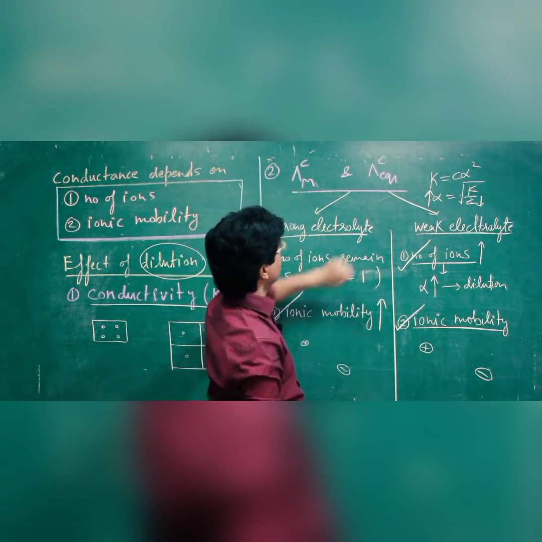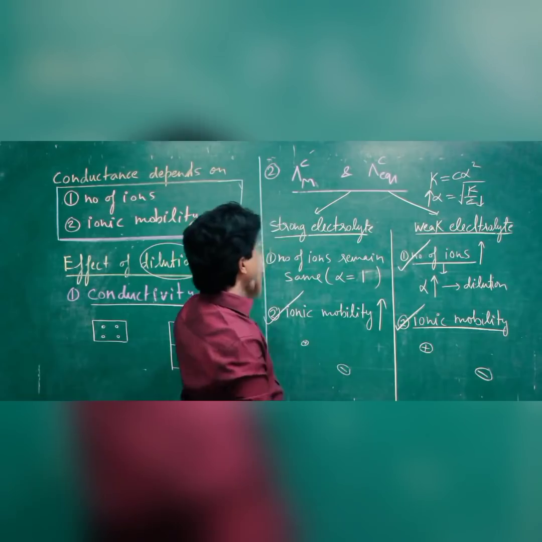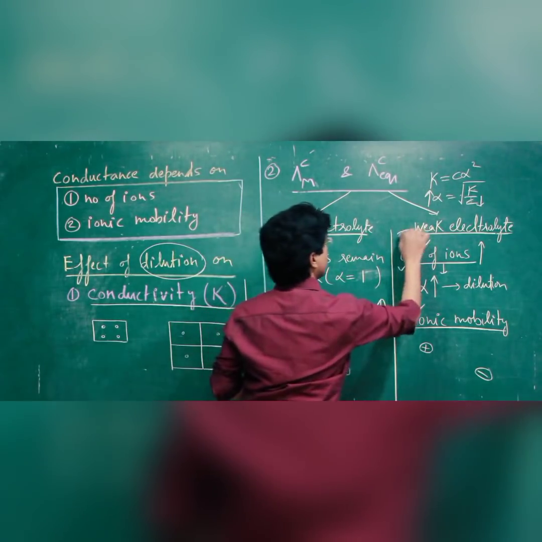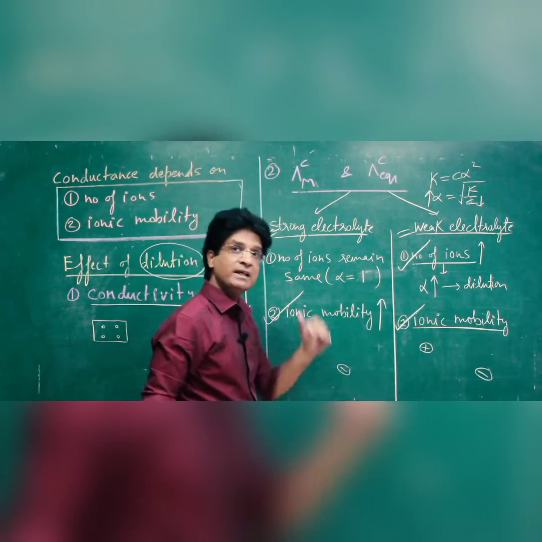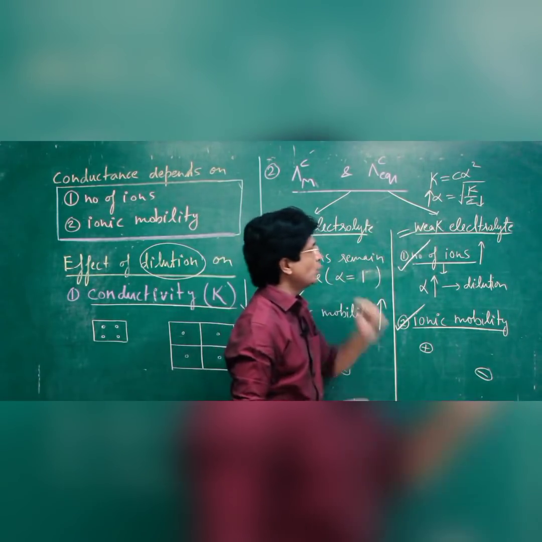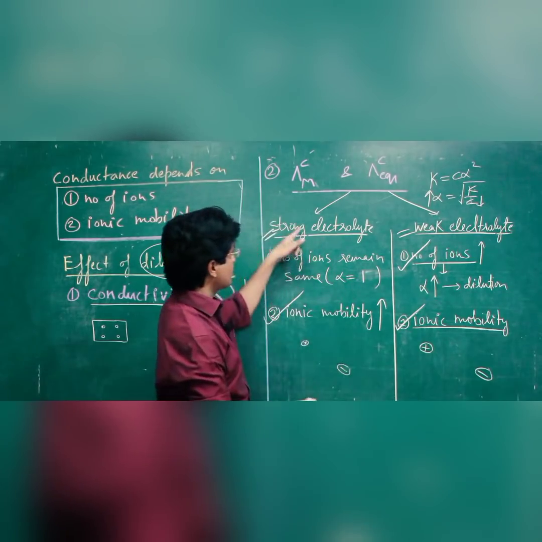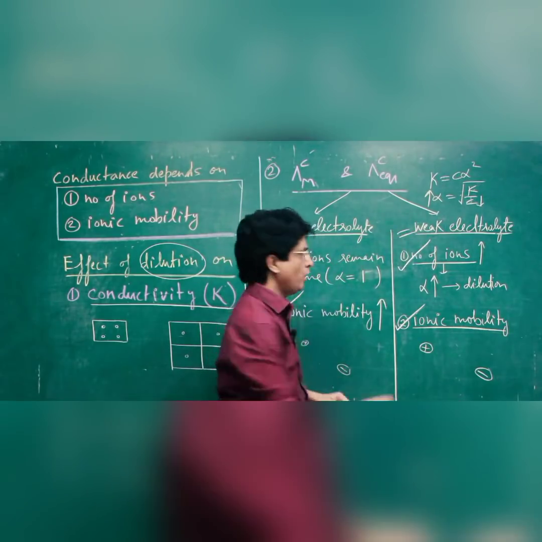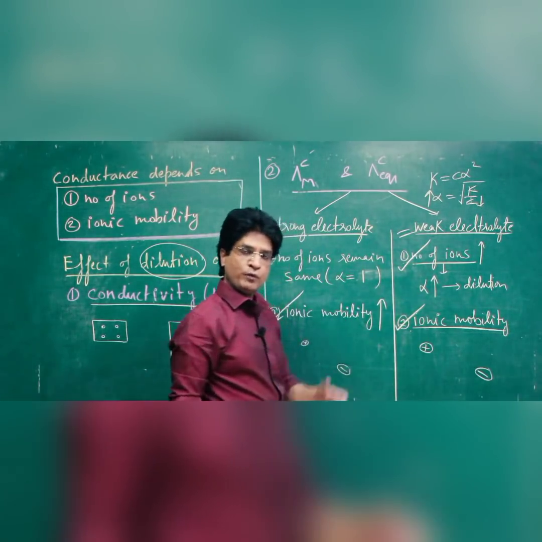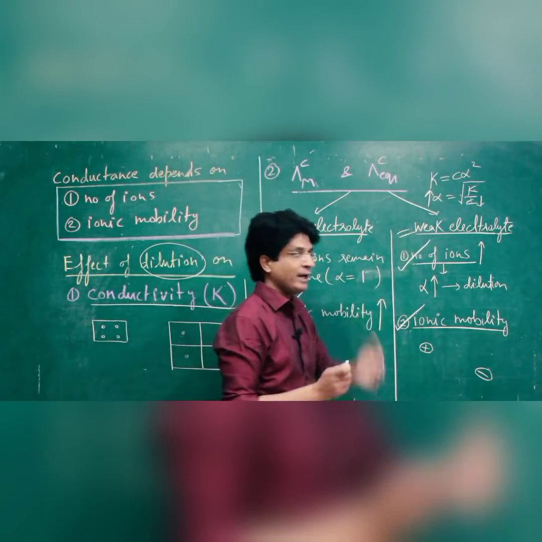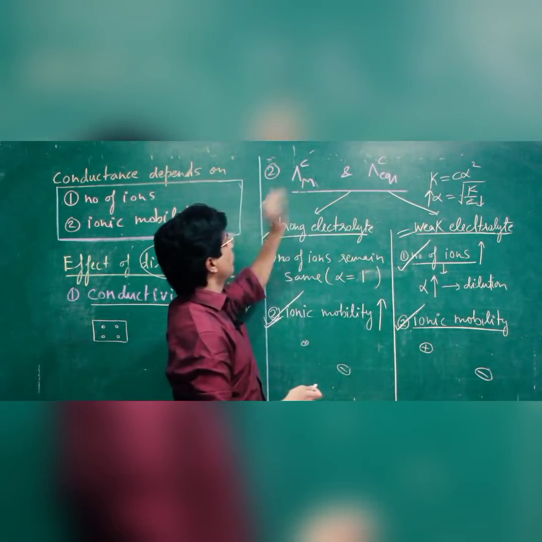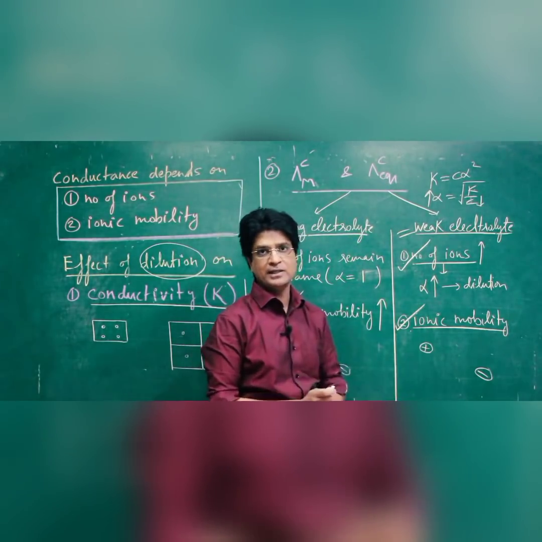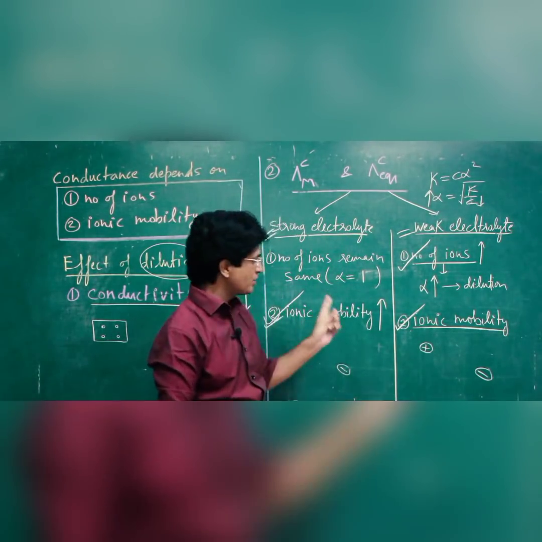So molar conductance and equivalent conductance will increase both in the case of strong as well as weak electrolyte, but the relative increase will be more for weak electrolyte. Why? Because in a strong electrolyte only one factor is favorable, while in the case of weak electrolyte both factors are favorable. So for a given dilution, weak electrolytes will show more increase in molar conductance or equivalent conductance at a given concentration. I hope that is clear.